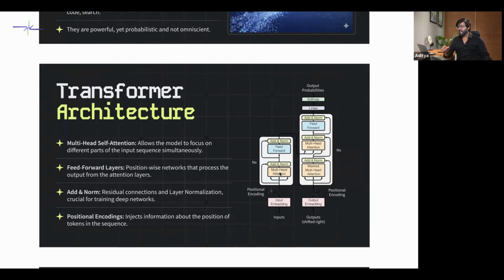For example, one head might focus on sentence level meaning, another head on grammar, the other one on named entities, which are like metadata information. Having multiple heads is like having multiple spotlights on different parts of the input.